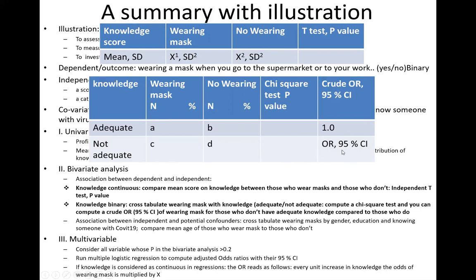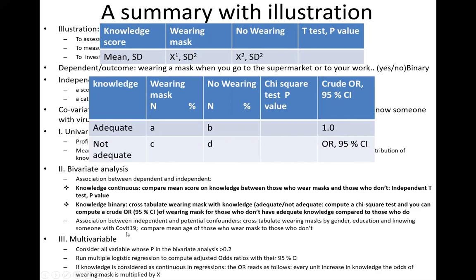But this is called a crude OR because it is only between two variables. It's a bivariate analysis. And of course, with the OR, we calculate a 95% confidence interval. This we call the crude or unadjusted OR.